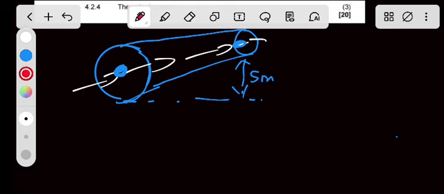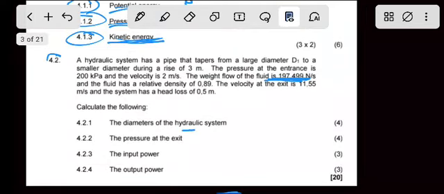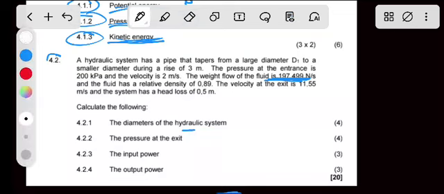Let me find the density of the fluid first. Given the relative density, you multiply it by 1000. What is that relative density that we're given? We've been given a relative density of 0,89.